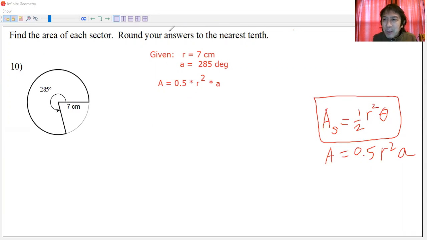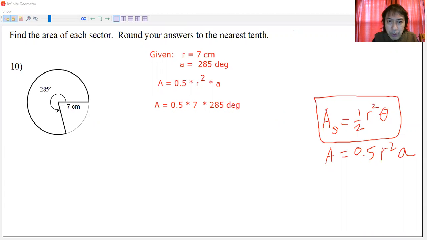Simpler version. Let's use the numbers that we have. This is now area is equal to 0.5 times r, which is 7, and we're going to square this, times our angle of 285 degrees.